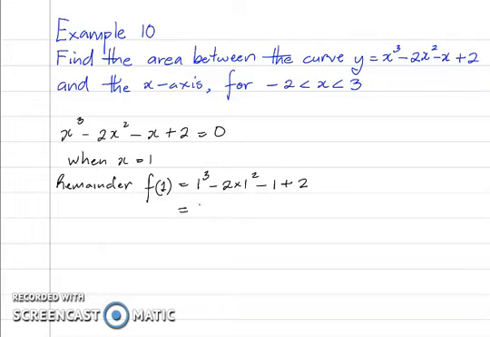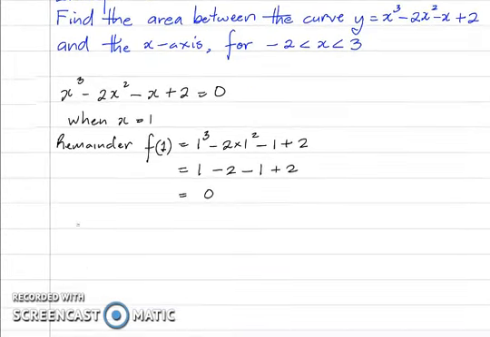All right, so this would be 1 minus 2 minus 1 plus 2, and this is equal to 0. Now, if the remainder comes out to be 0, it is because x is equal to 1 is a root. And if x is equal to 1 is a root, x minus 1 is a linear factor.